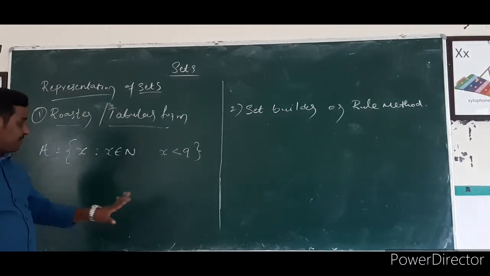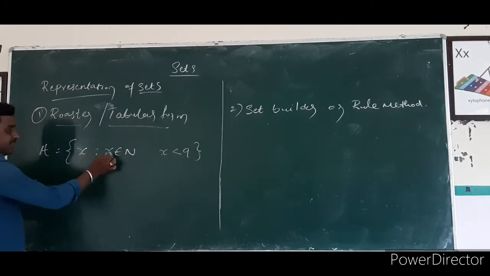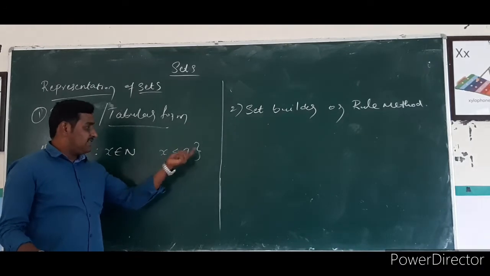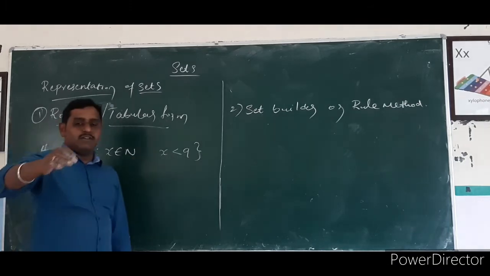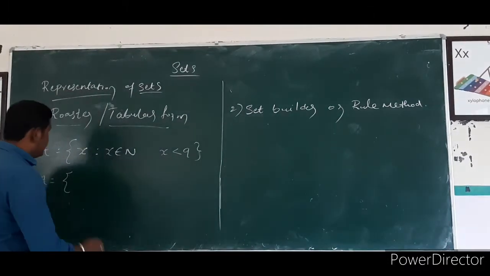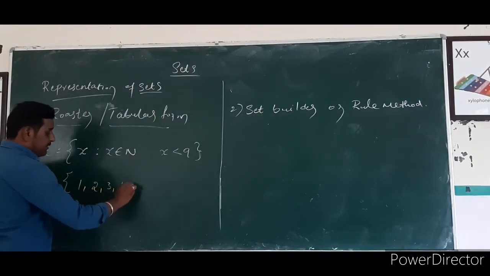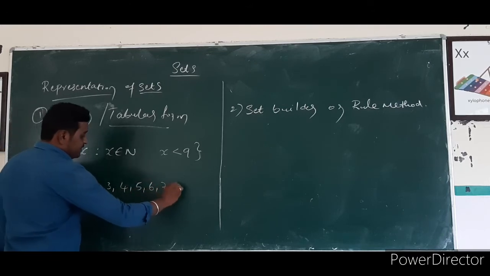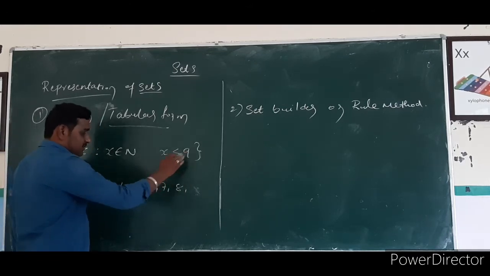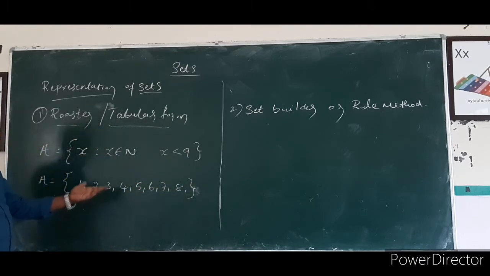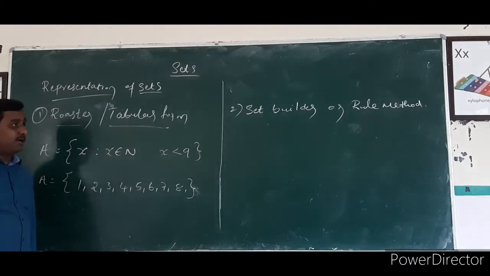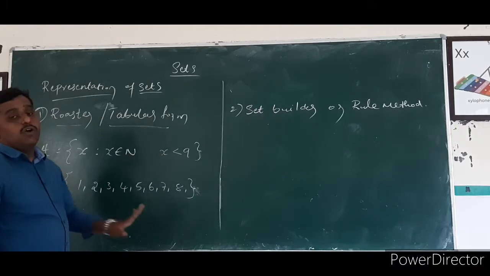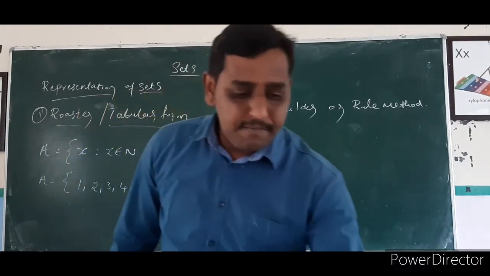So x is the element here, x belongs to natural numbers, and x is less than 9. If you want to write it in roster method, which are the elements less than 9 in the natural numbers? 1, 2, 3, 4, 5, 6, 7, 8. 9 is not there because it is less than 9. So you can write the elements in the curly brackets. This method is called roster method or tabular method.